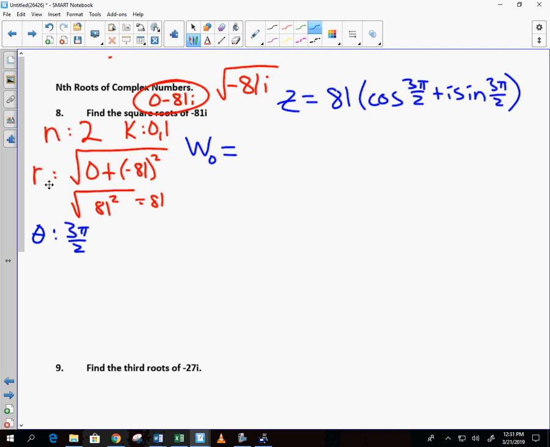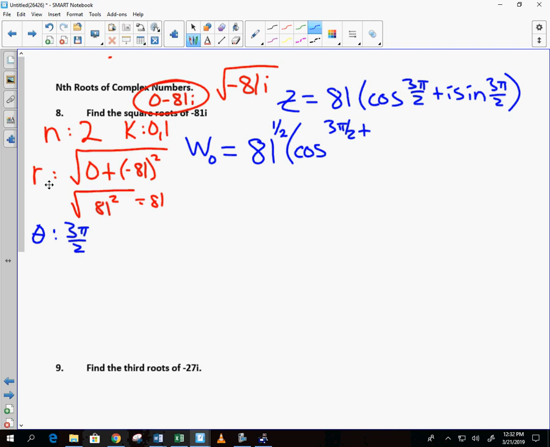Even before the cosine, R. What's R? 81 to the 1 over, and what's n? 2. Good. Times the cosine of 3 pi over 2 plus, oh boy, 2 pi k, it just throws you for a loop, doesn't it?